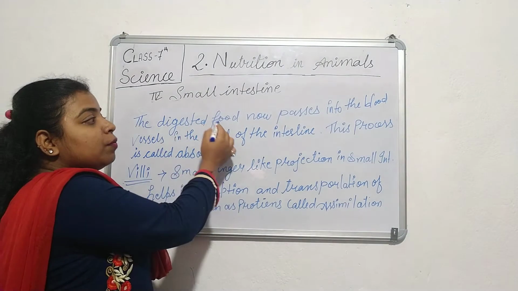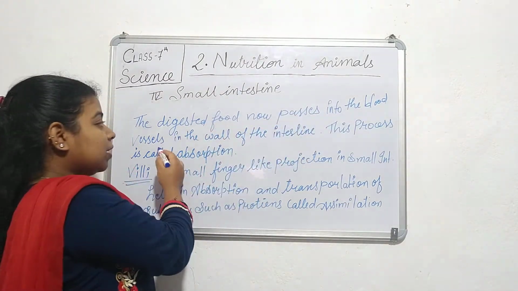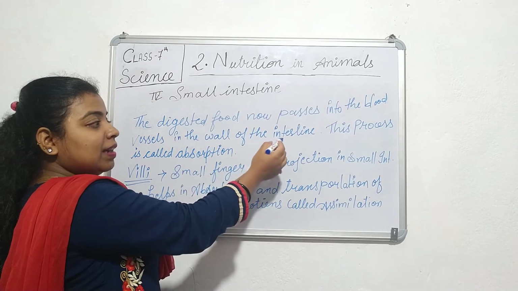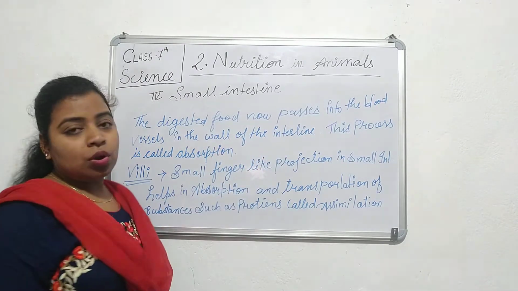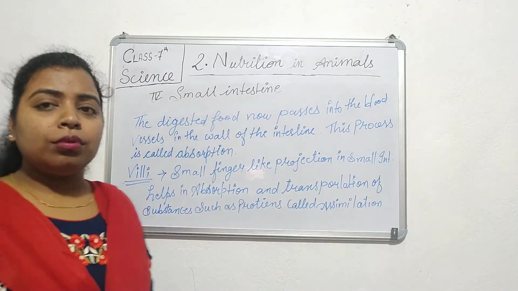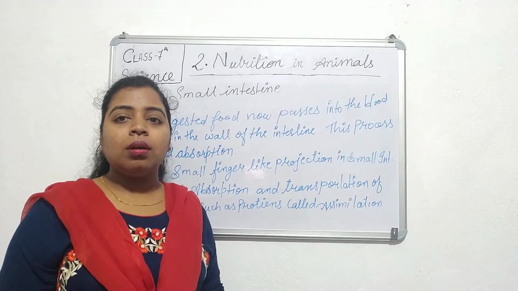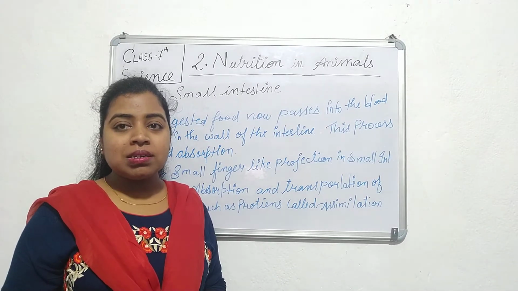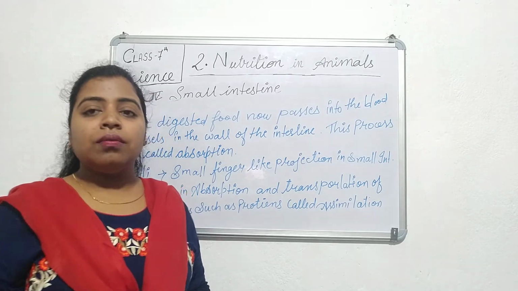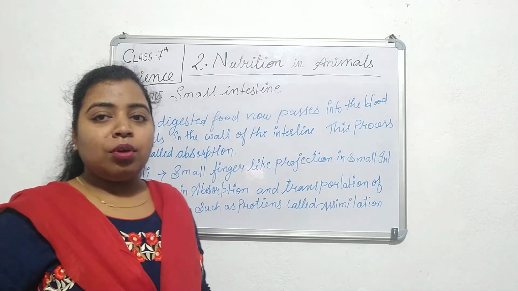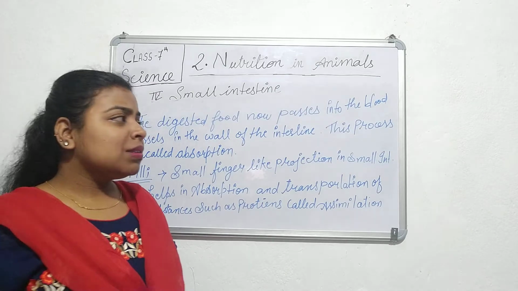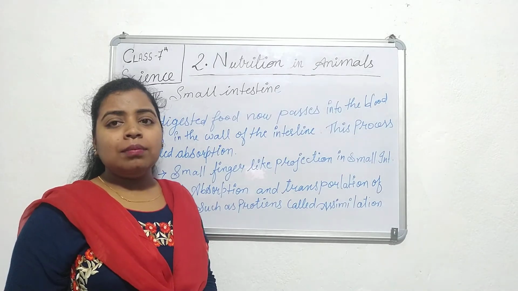The digested food now passes into the blood vessels in the wall of the intestine. This process is called absorption. As I have told you, the small intestine is about 7.5 meters long and highly coiled, and the digestion of food takes place in it by the secretions of the liver and pancreas.